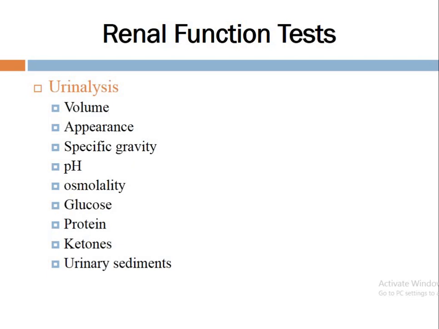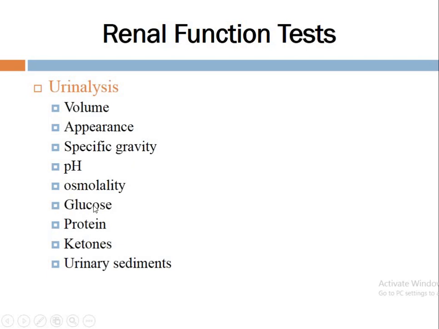Then the appearance of the urine, whether it is normal or whether its color has changed, can be seen in the urine analysis. Again, the specific gravity, the pH, and the osmolarity of the urine.